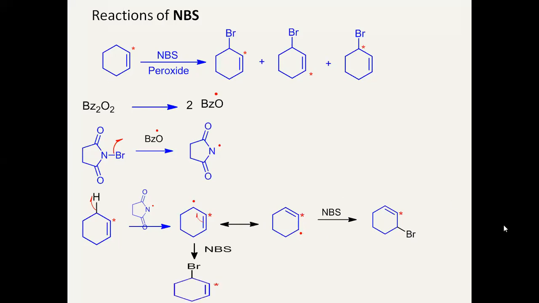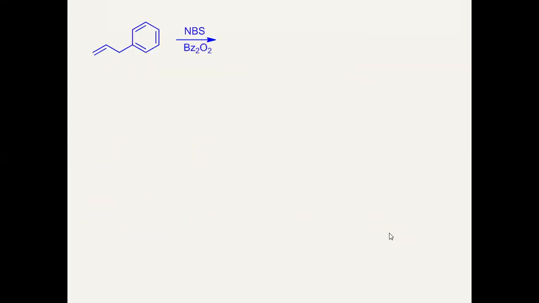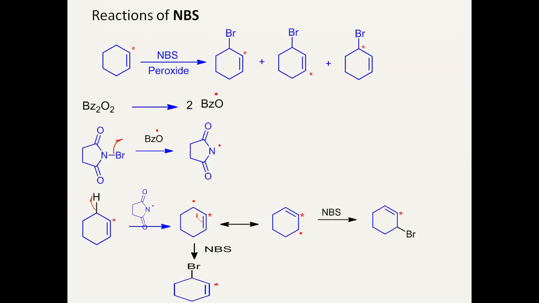Fine. Another chance is this one. And how will this form? It is very easy again. See, both are allylic carbons, this and this.